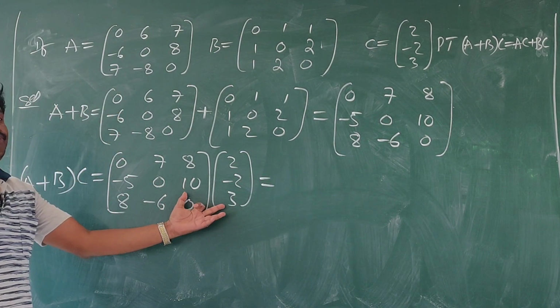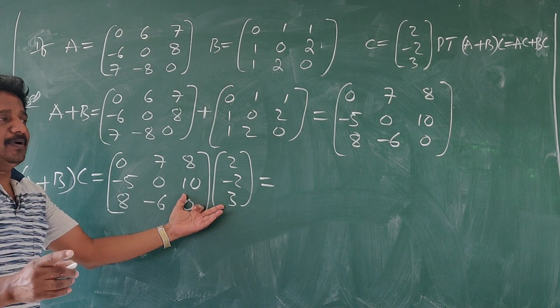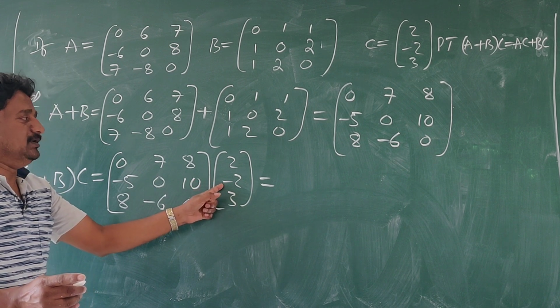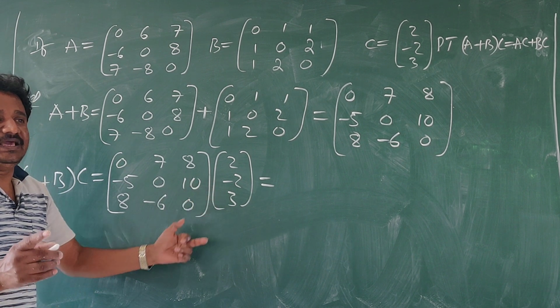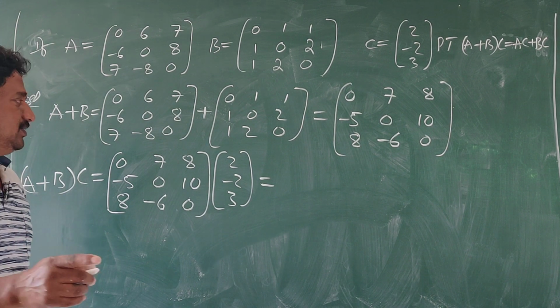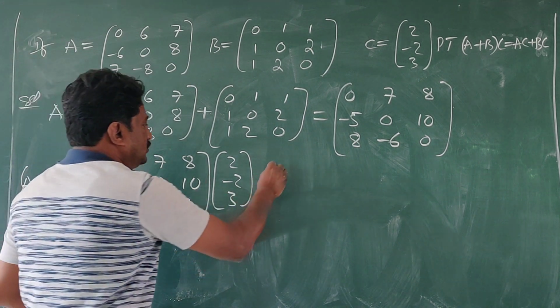We have two matrices in product form. Matrix into matrix, product is there, which means multiplying is required. I will go for multiplying these two.